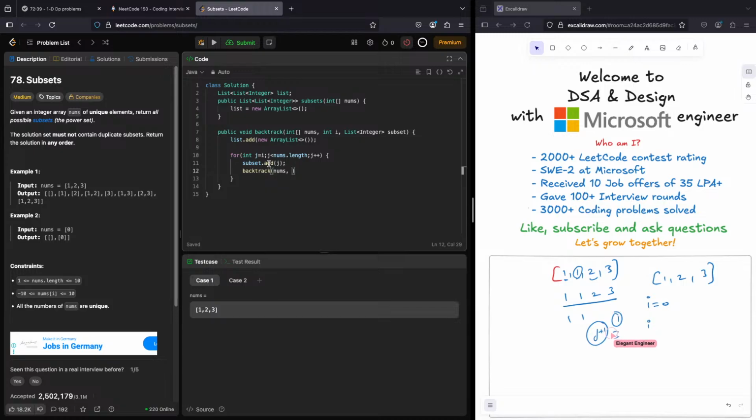Then it will be 2, so you'll add 3 into this. So 1, 2, 3 will be added. After that you are at j equal to 2, then you are at j equal to 1. In this you'll add 1, 3. Yeah, so it will be j plus 1. I think so. Let's see.